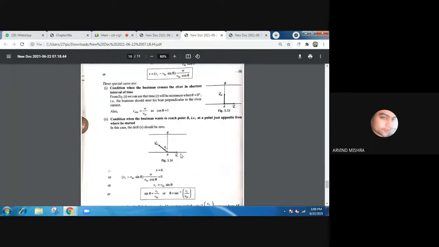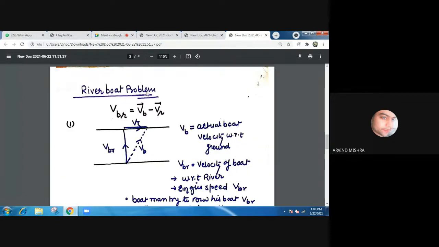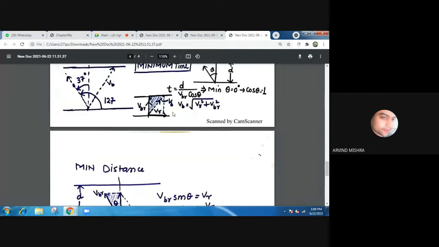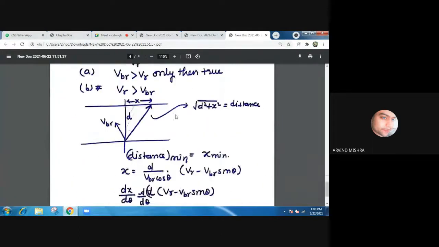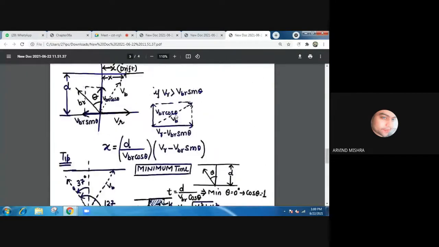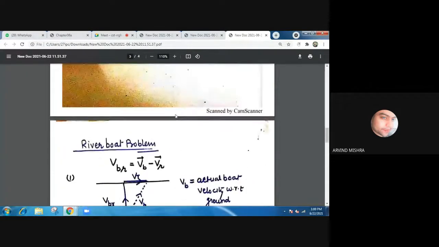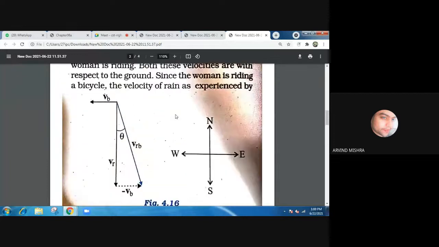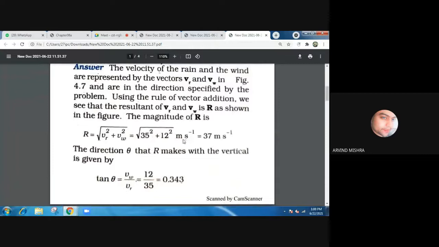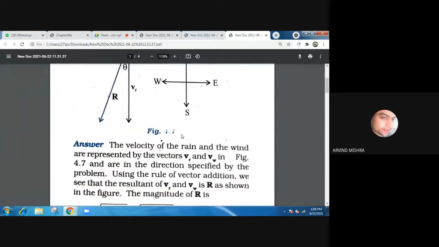Please go through these articles and this note, and try to understand it on your own. If you have a problem, we will surely discuss it the next day. This is the only problem left for this chapter, and after the river boat discussion we will move to projectile motion.